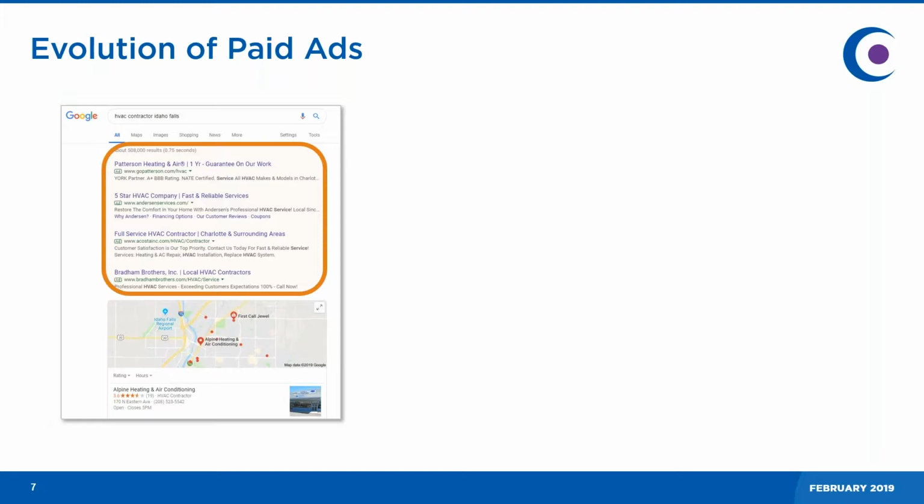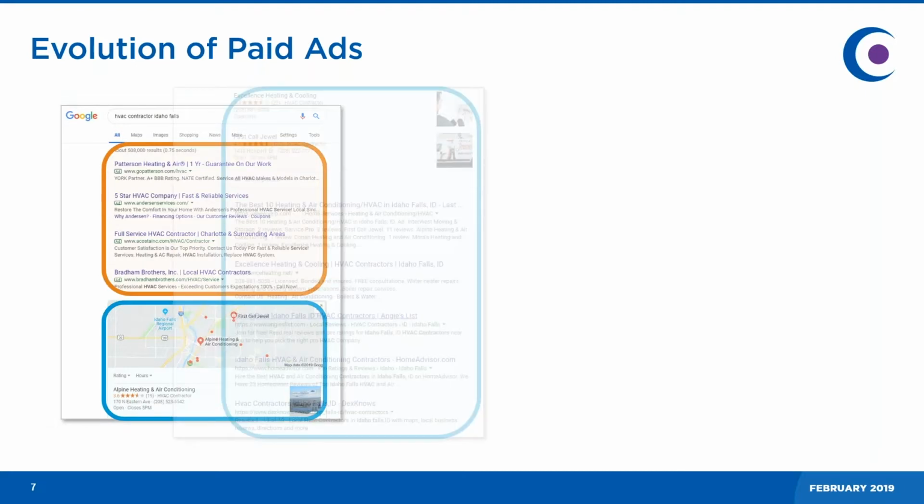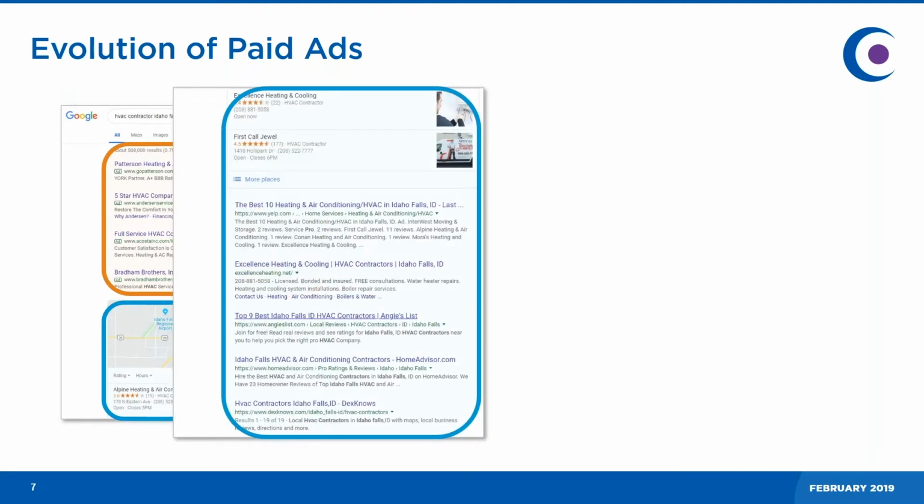But the key factor here is that pay-per-click ads still occupy the top of the search results, followed by our local pack listings, which then continue down the page. And then we start to get into the organic listings. Now keep in mind, the local pack listings or the maps listings are also organic rankings that you can occupy, which is why they're all in blue.